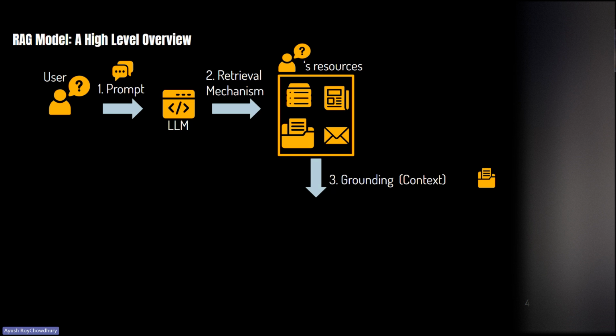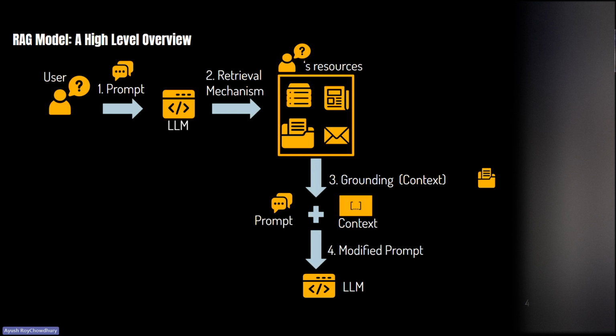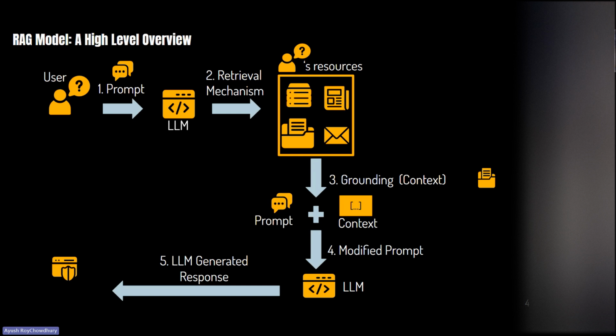The large language model itself doesn't know about Project X, but by the process of grounding, it's able to embed some context into the prompt that modifies it. So then the large language model can look at that additional context and answer the user.